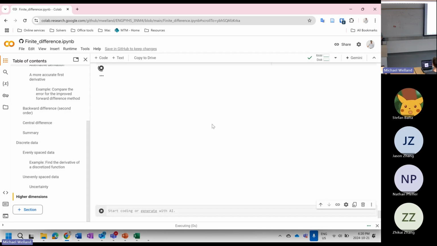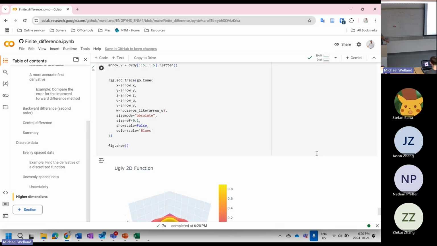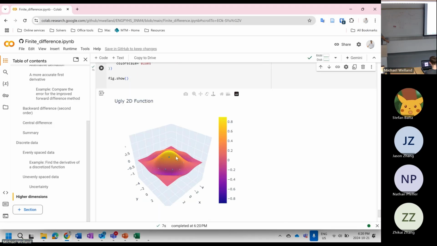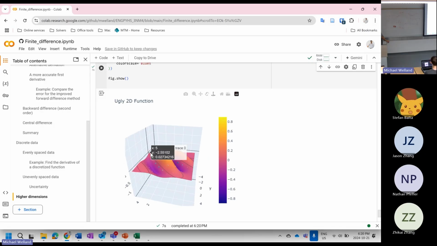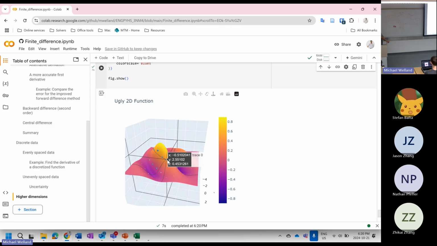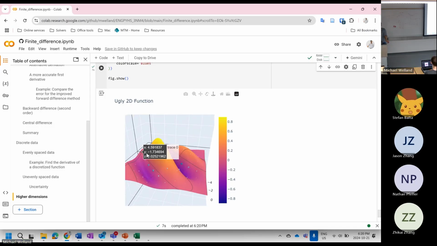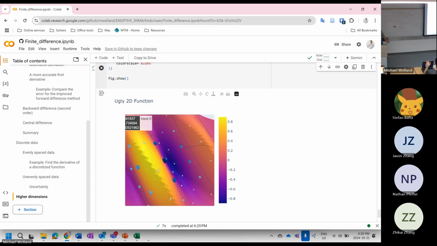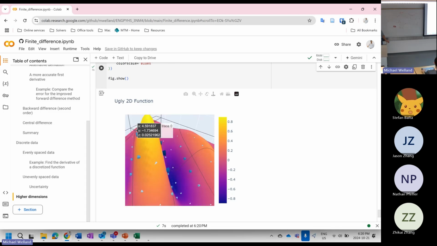Here's a quick example. There's a nice plot and it shows some arrows on it. There's a messy function and just finding the gradient is super trivial with that. Ooh, that's messy. Any questions?